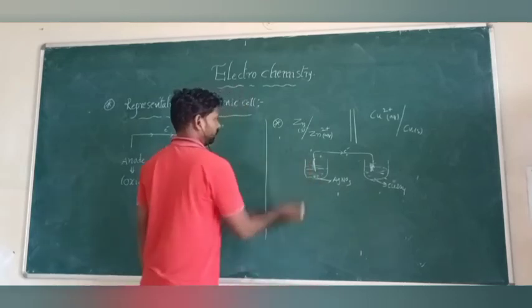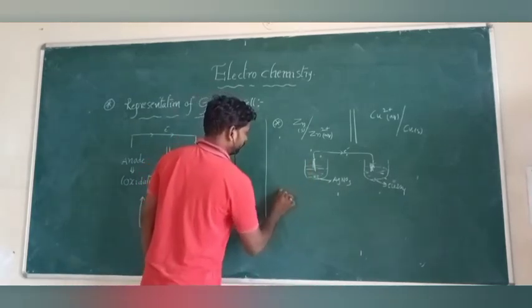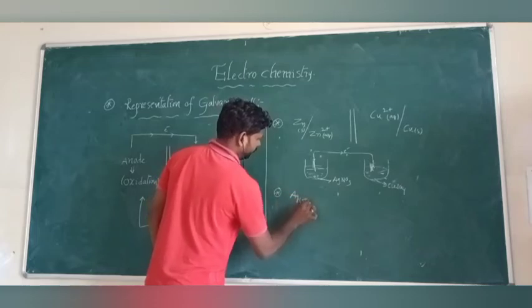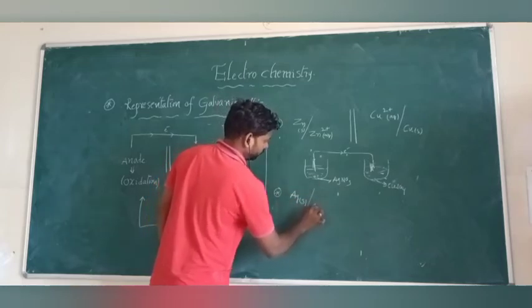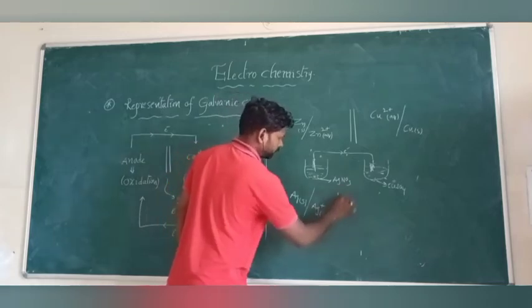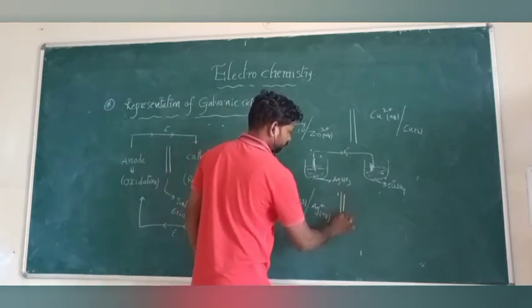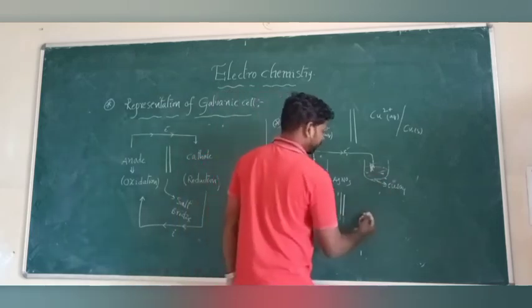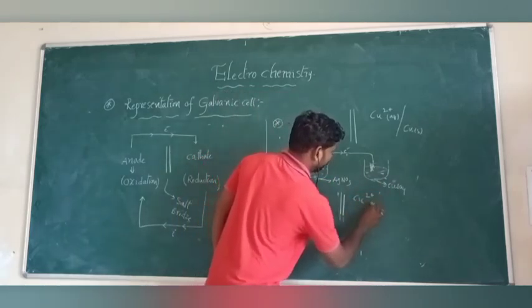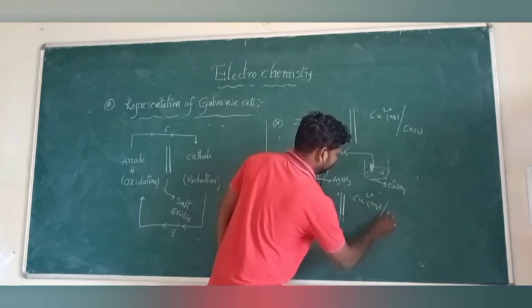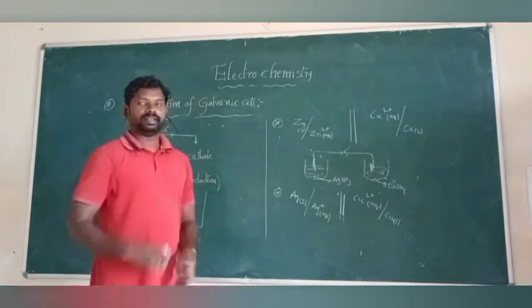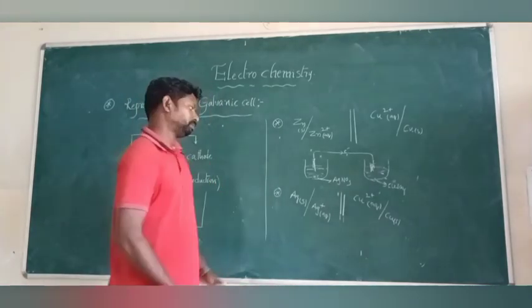This is the salt bridge. At reduction, Cu2+ aqueous forms solid Cu. This is how the chemical reactions are represented.